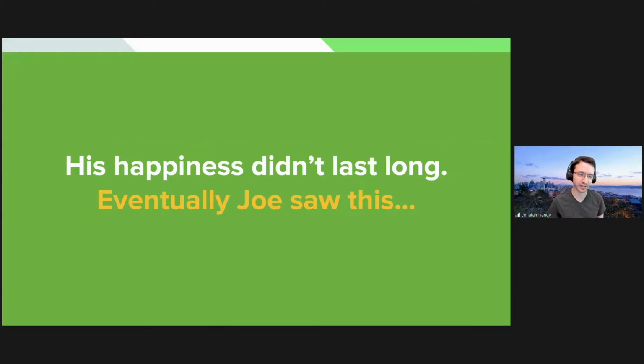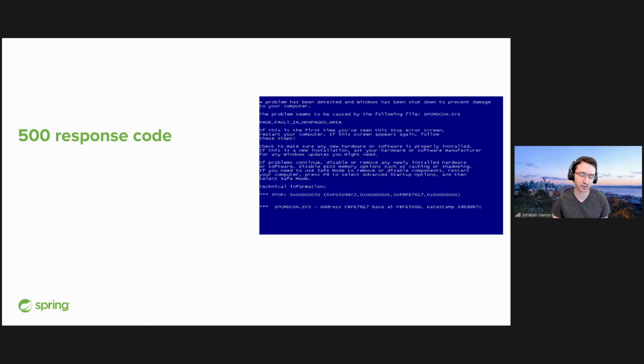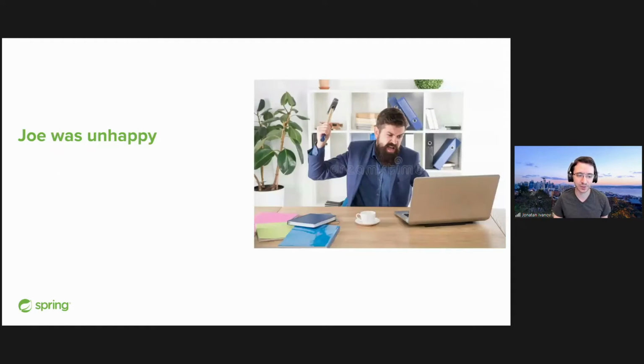But this happiness did not last very long, because eventually Joe saw this. The blue screen here is a little bit of an exaggeration, but he was seeing an HTTP 500: meme fails to generate due to server error. So he was quite unhappy because of this.